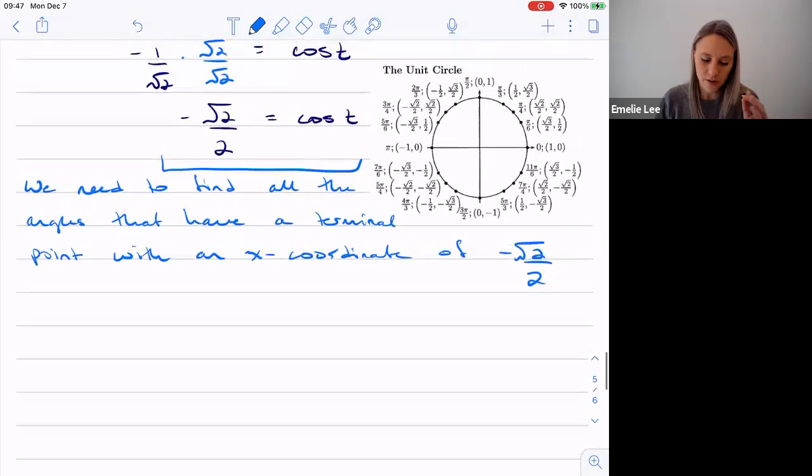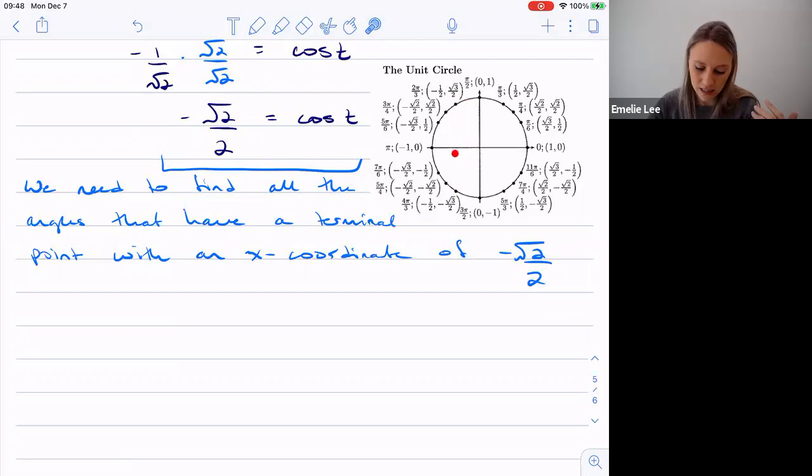Just scanning this unit circle here, root 3 over 2. This one is root 2 over 2, but I want negative root 2 over 2. So get in the habit of, if it's negative and it's on the x, my angles have to be in quadrant 2 or quadrant 3, so they can only be over here on the negative x-axis.